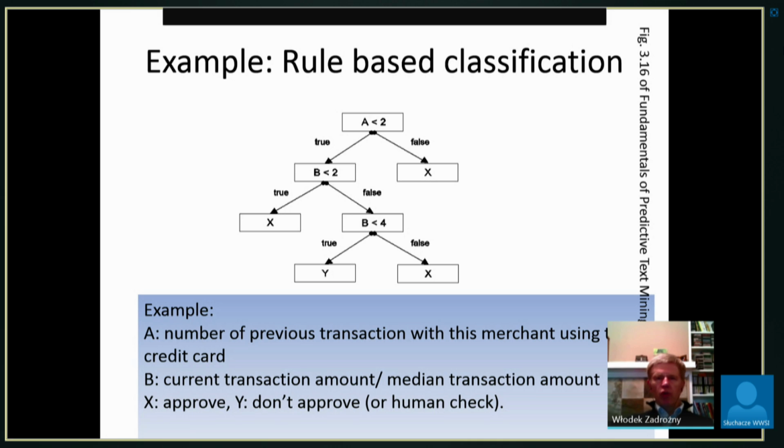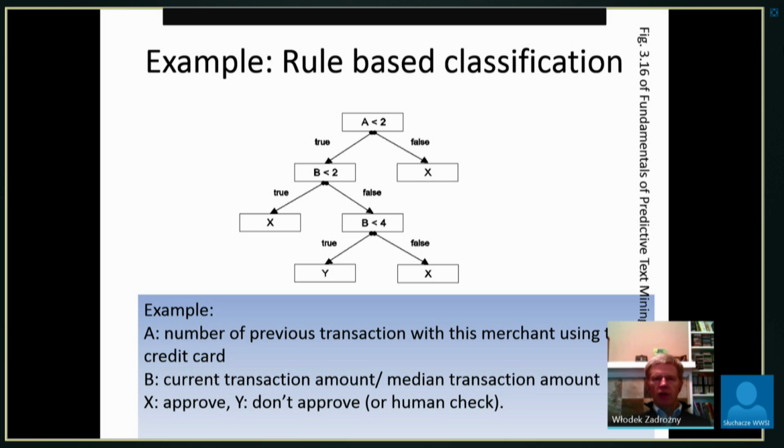So here we have an example of a rule-based classification. So in this case, we design a collection of rules that allows us to classify, in this case, a transaction into two classes, X and Y. X is approve a transaction and Y is don't approve or make it checked by human. So in the box A, the first is the number of transactions using this credit card.